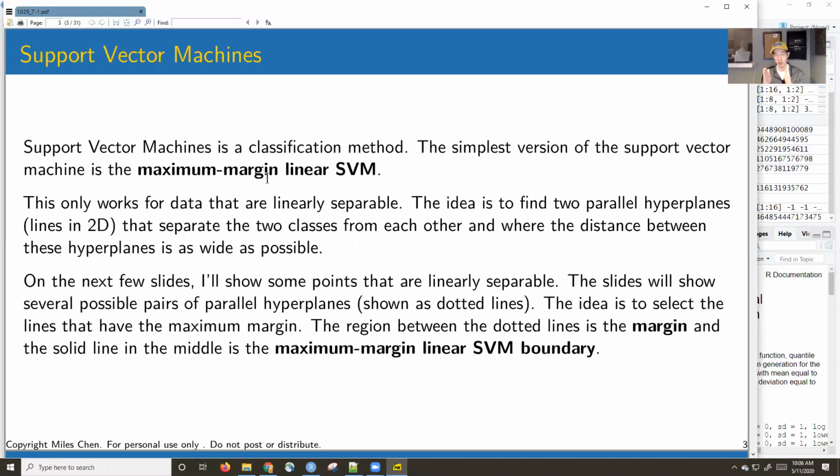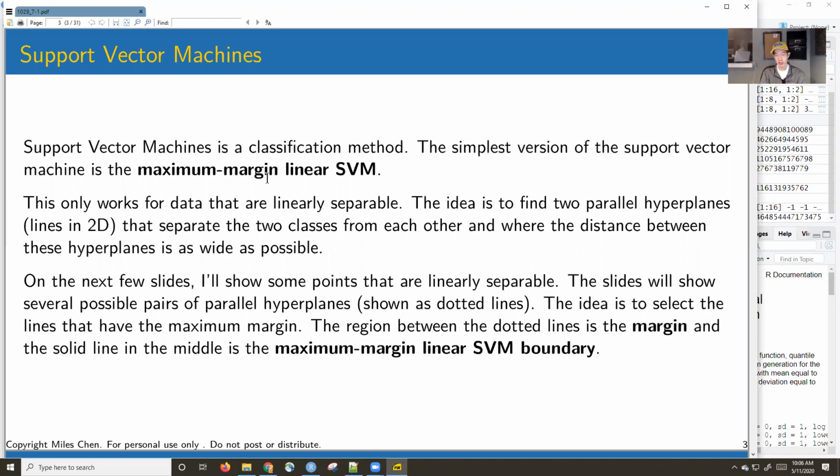The distance between them is known as the margin, and we want that distance as wide as possible.